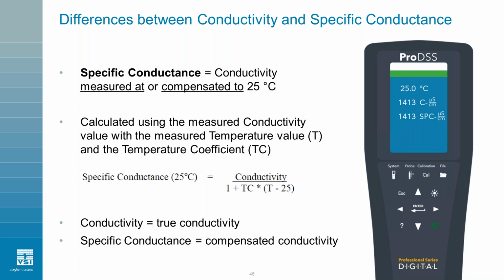Another way to think about this is that conductivity is the true conductivity of the sample as it's measured. Specific conductance is the temperature compensated conductivity for comparison. So if you are interested in conductivity for any comparison studies or for regulatory purposes, we recommend reporting specific conductance.